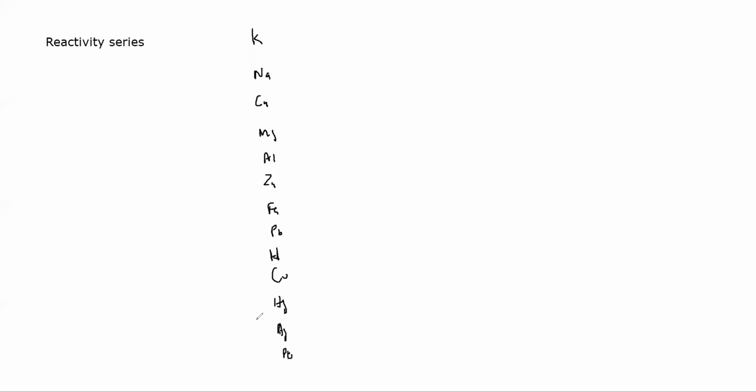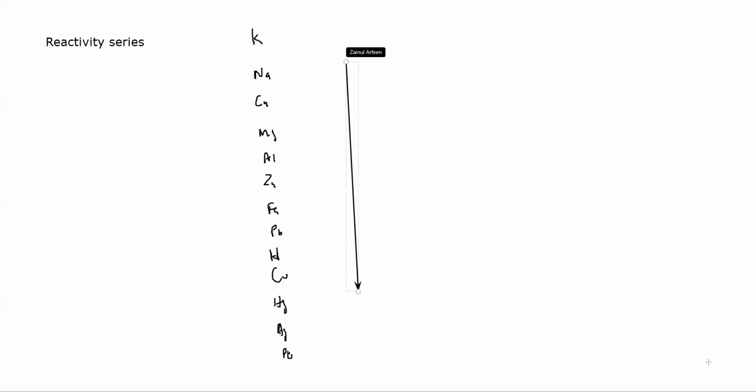Gold is there too, but this is a reactivity series according to the elements which we are using for electrolysis. As we go down, the rate of reaction or reactivity decreases.